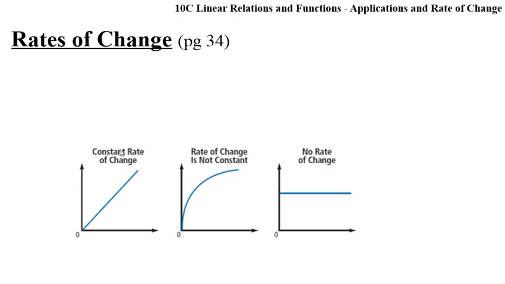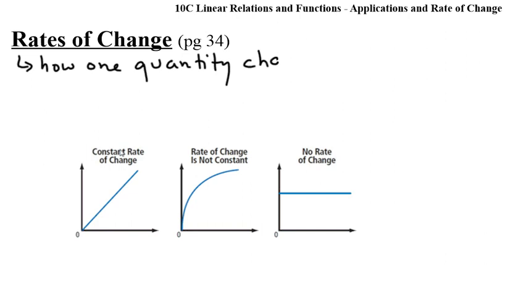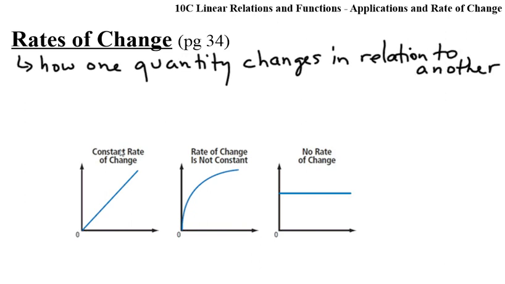Now that takes us back to page 34, but rates of change. Now our rate of change is something we're talking about now, but we're also going to use moving forward. Rate of change is how one quantity changes in relation to another. Now, there are 3 different situations.